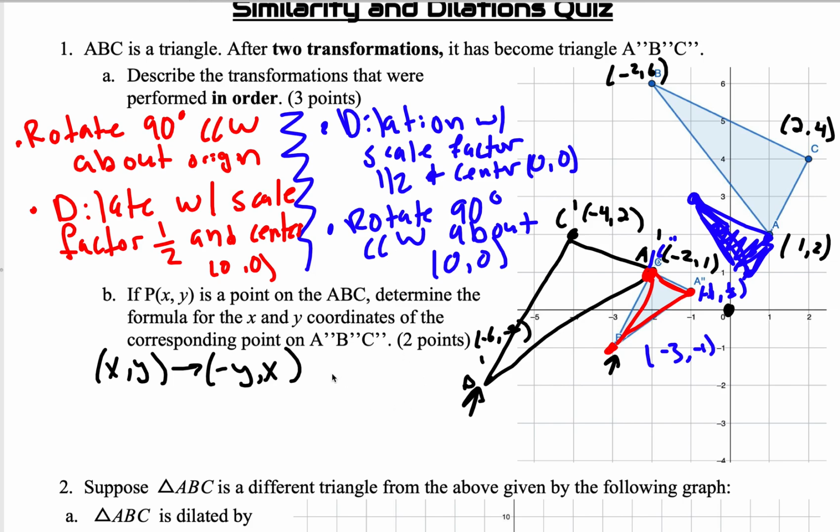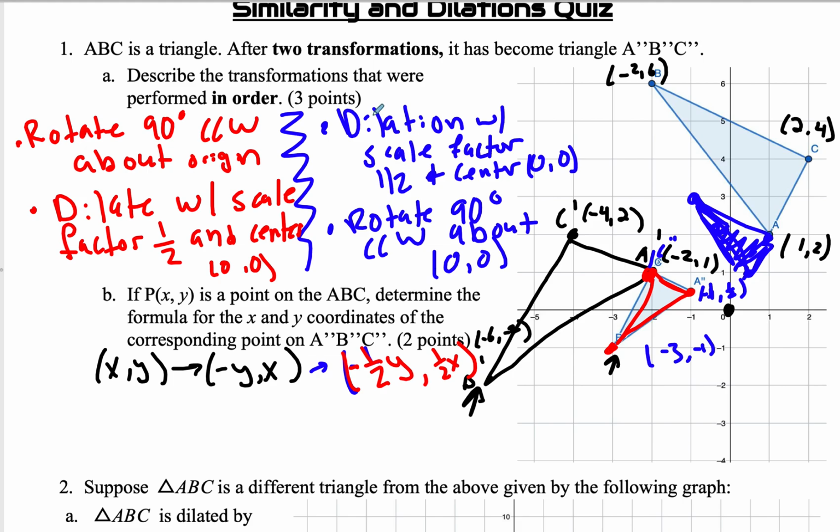So if now I want to find the coordinate, I need to take half of the y, and maybe let's do this in red because this is the red triangle. So that becomes, instead of -1, -1/2, and that's what the x becomes. So that's the rotation followed by the dilation.